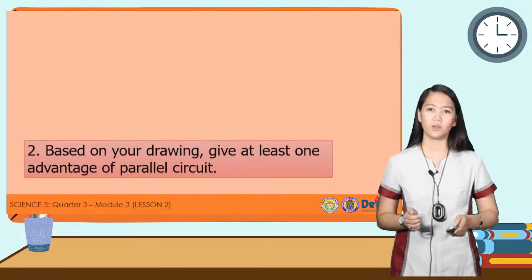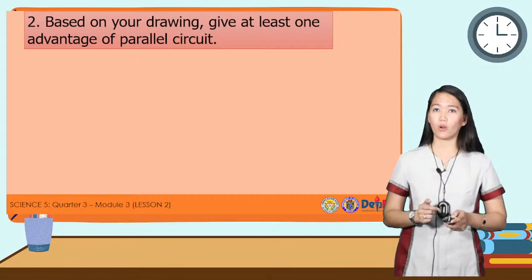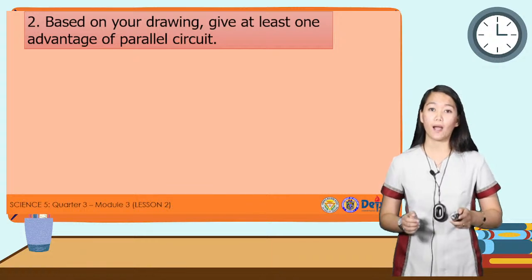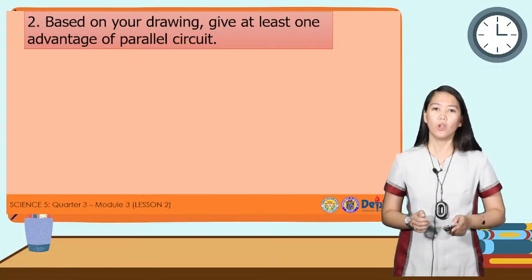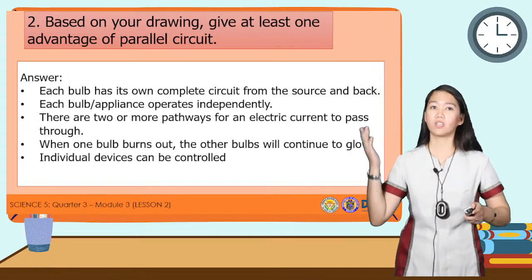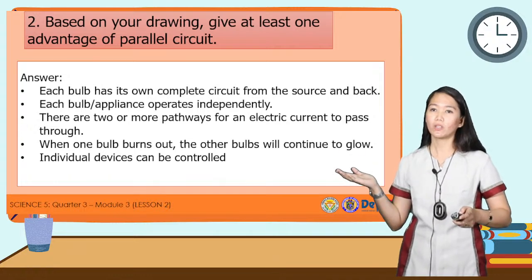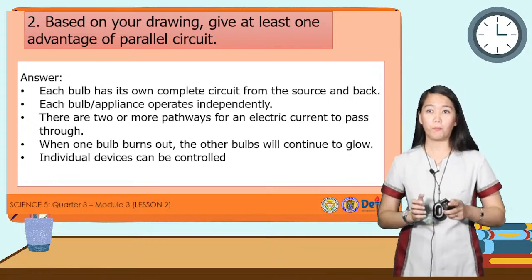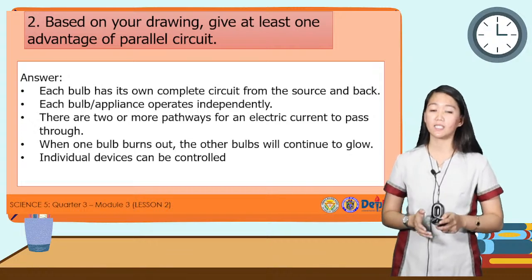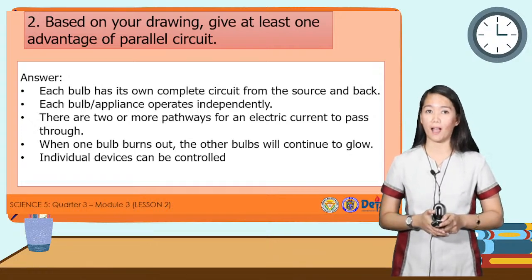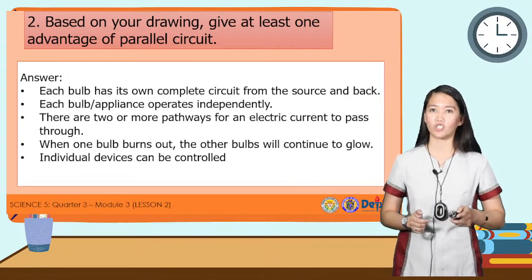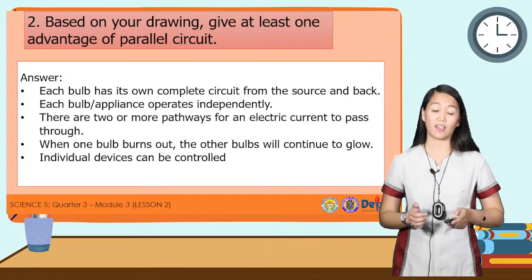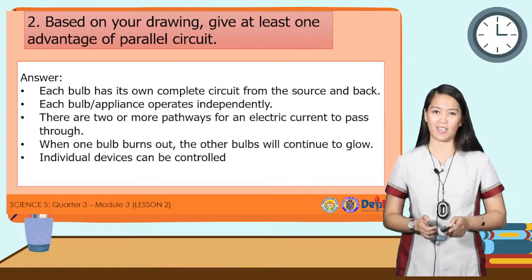Okay, number 2. Based on your drawing, give at least 1 advantage of parallel circuit. So, if you got one of these answers, you are right. Let us read the first one. Each bulb has its own complete circuit from the source and back. Second, each bulb or appliance operates independently.